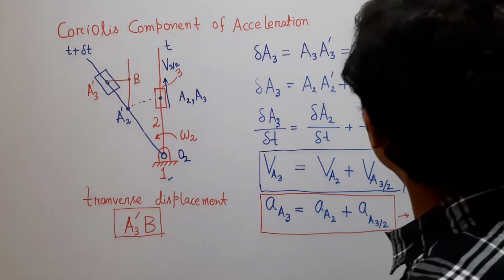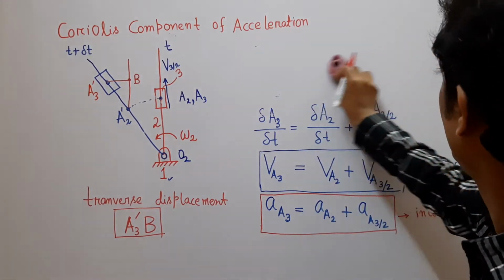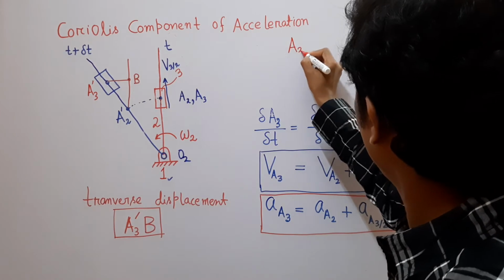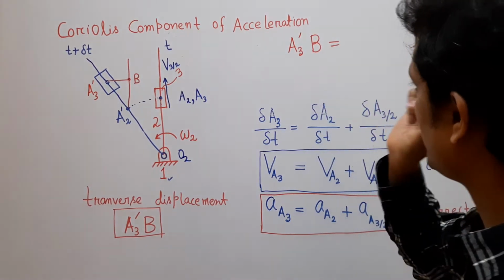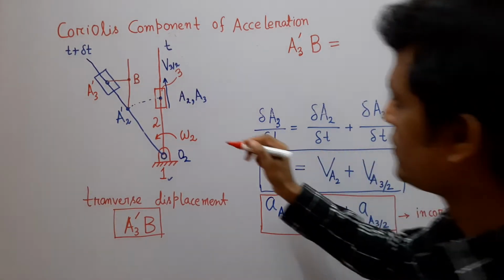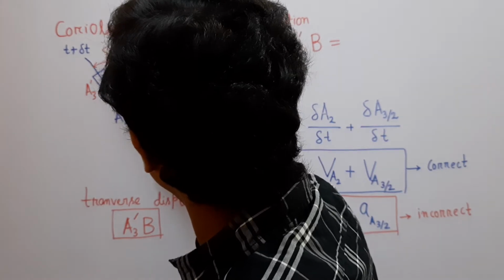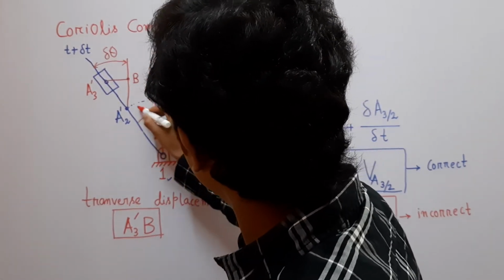Let me erase these things. So the extra displacement is A3 prime B. Say this angle is delta theta, so this will also be delta theta.